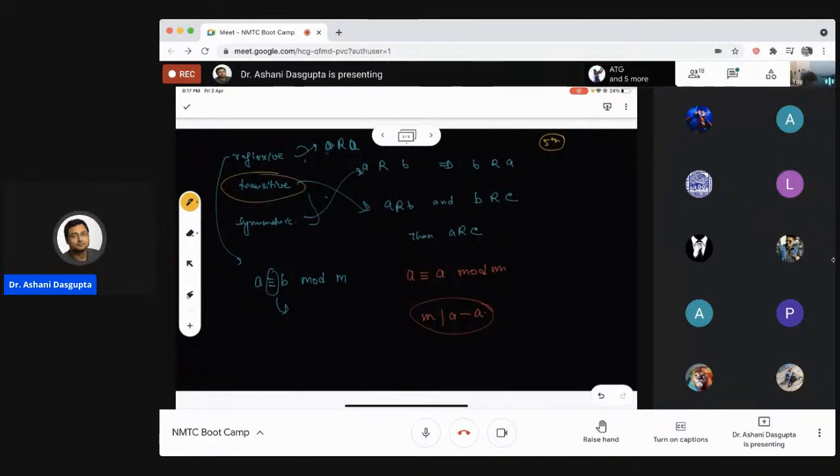So this is true. Transitivity is true. Why? Because if A is congruent to B and B is congruent to C, then A is congruent to C. Why is that? Can anyone put an argument quickly in the chat?